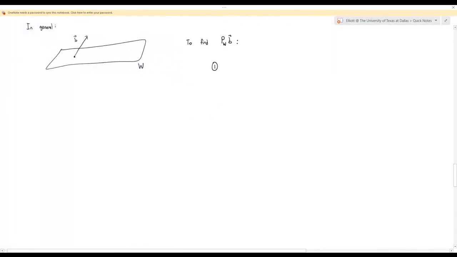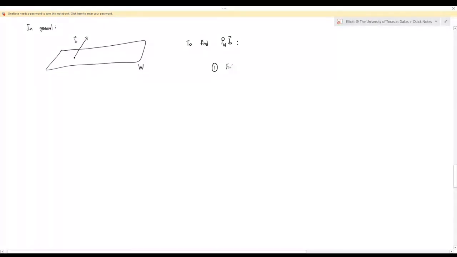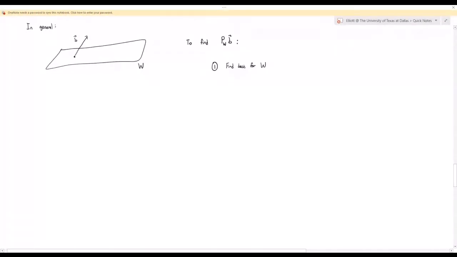What you can do is start by finding a basis for the subspace W. And then take those basis vectors that you found and put them into a matrix A as its columns.